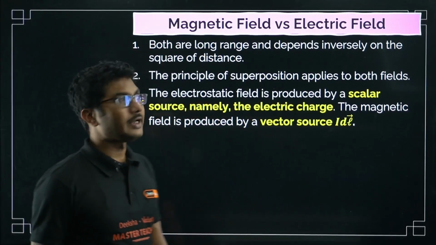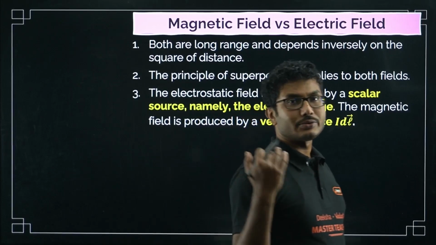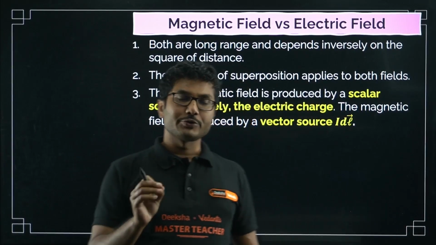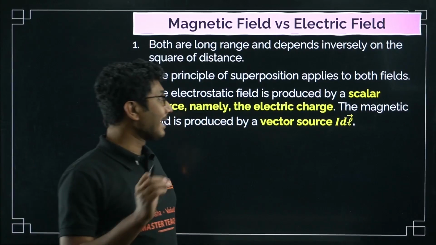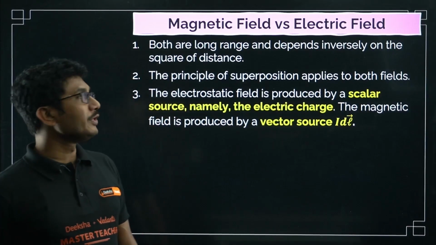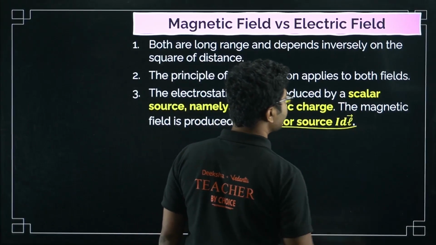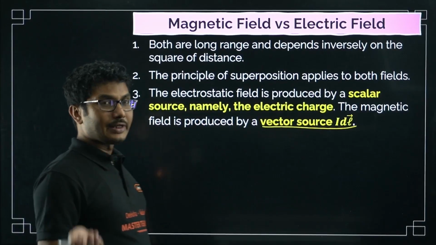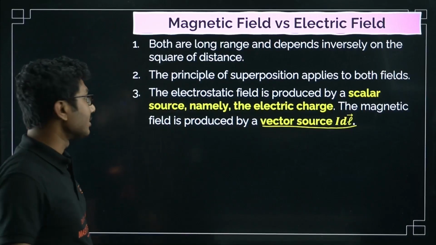Gravitational field and electric field are produced by a scalar source. Basically, electric field is produced by a static charge, but magnetic field is produced by a moving charge, and in fact it is called a vector source because the source is a current element. So magnetic field can be produced by a moving charge or a vector source.